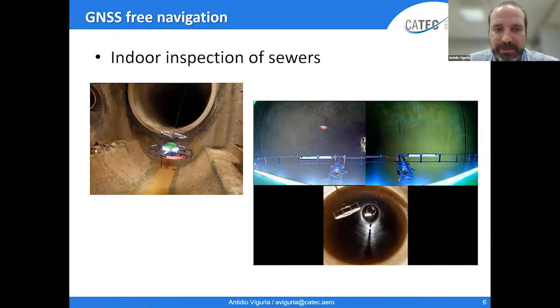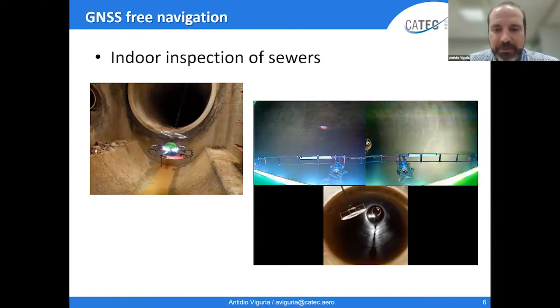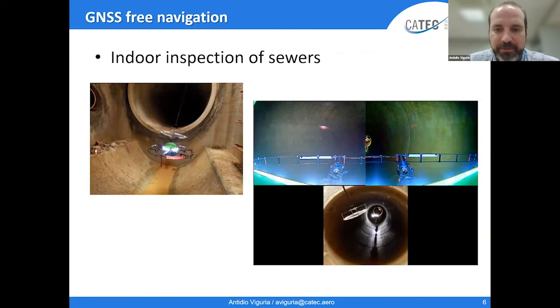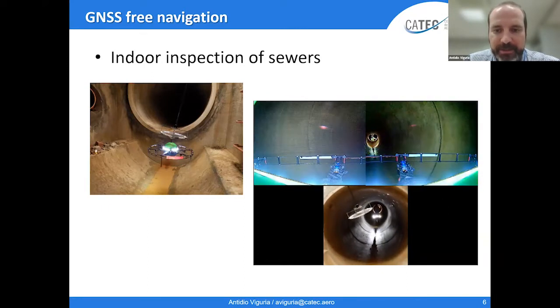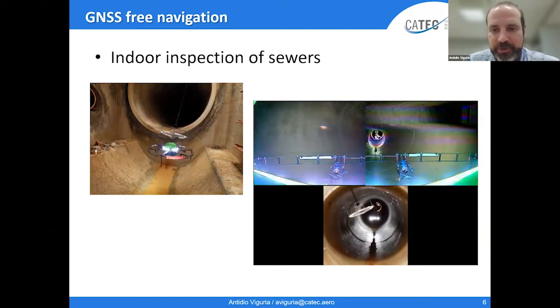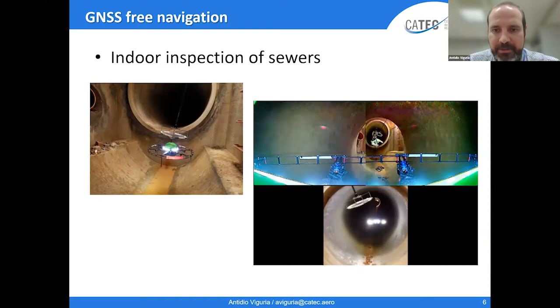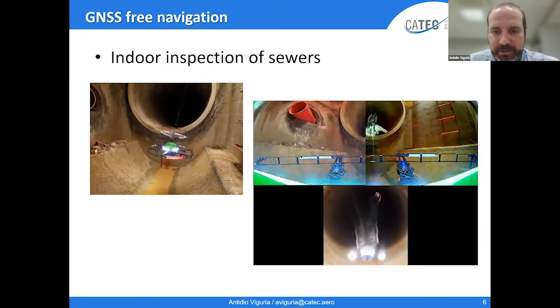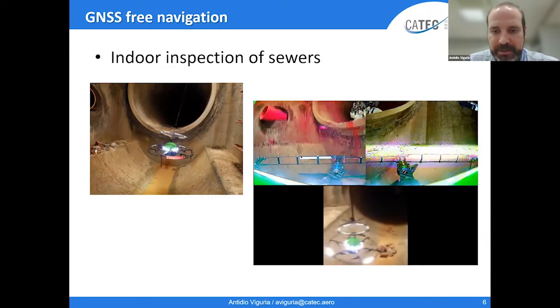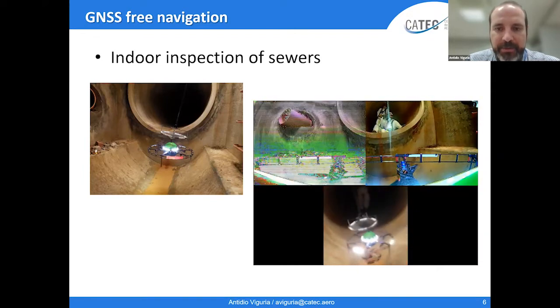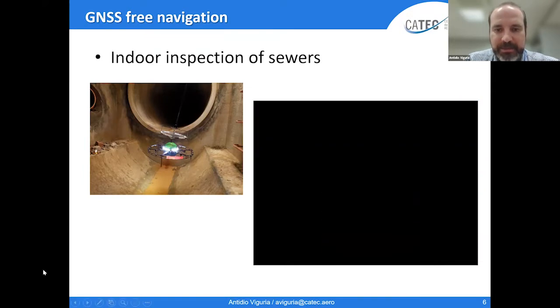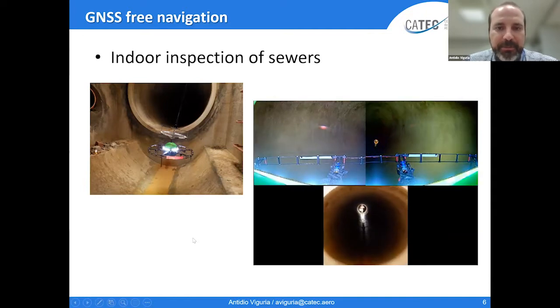So we managed this tool, a specific tool, in order to be able to later on, once the flight is finished, that we can recover the UAV, you know. So you can see here the video and the coming, and then you can see how the UAV is captured. Okay, so we are also applying these techniques to the inspection, for example, of sewers with GNSS navigation.